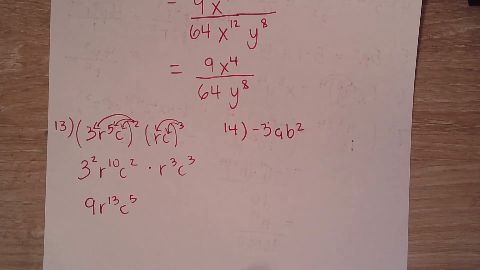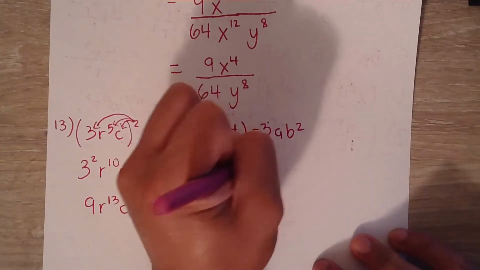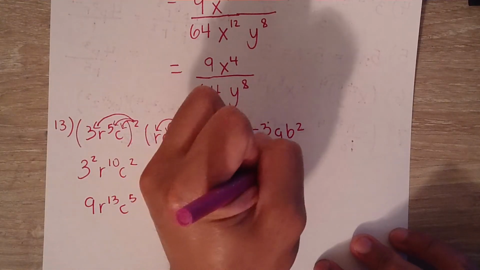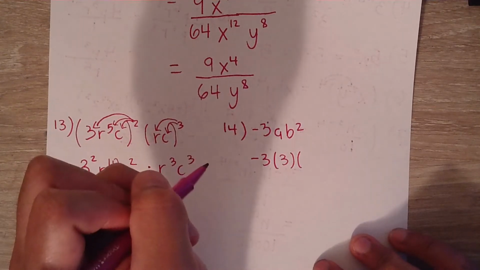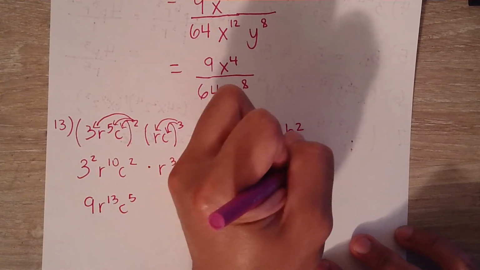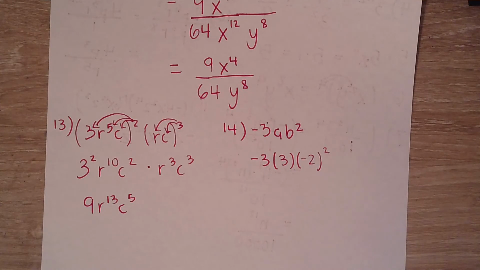All right, question number 14. It says to evaluate when a is equal to 3, b is equal to -2. So let's use that information. We literally plug in 3 for a and -2 for b. Then it's just a matter of simplifying using order of operations.